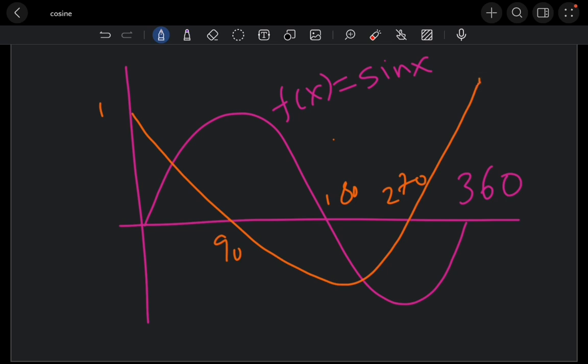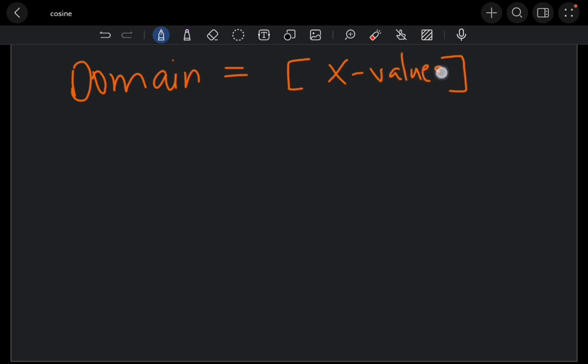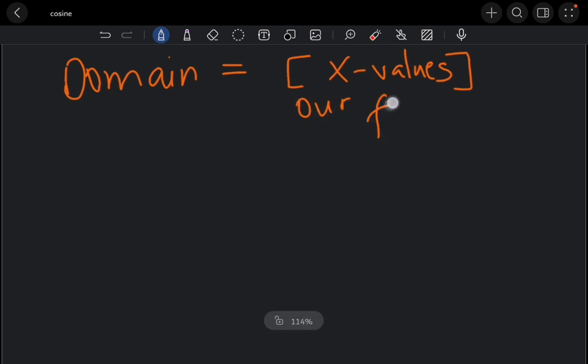If we're given functions like this, and then they ask you to talk about the domain and the range of these functions. So the domain is a set of x values in which our function spans, okay, or covers.